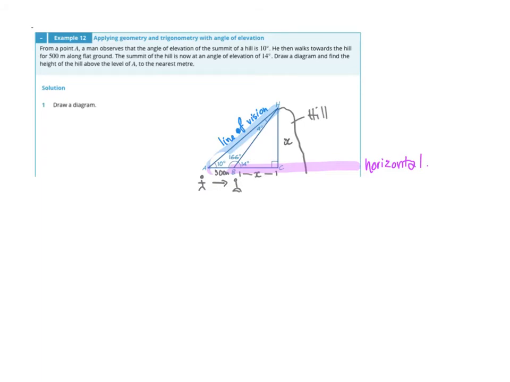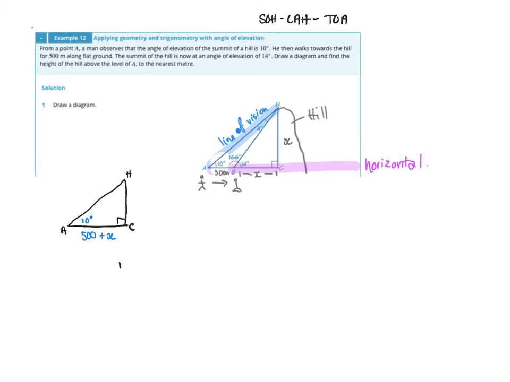Because at the moment we're only using SOHCAHTOA, it means we always need to find right angle triangles. So what I'm going to show you is we actually have two scenarios here. This was when it's A, and here's the top of the hill, and this is C. Now, this distance along the bottom here is going to be 500 plus X, and you know that it's 10 degrees for that.